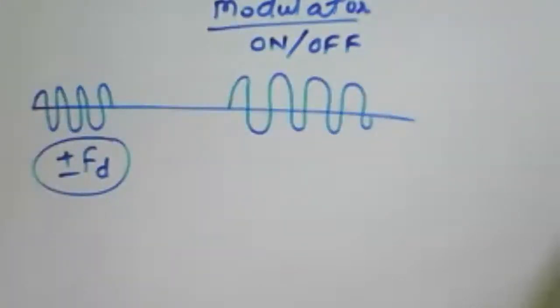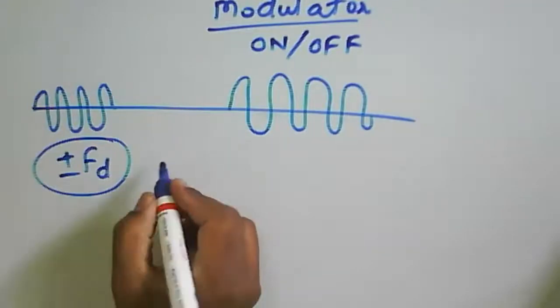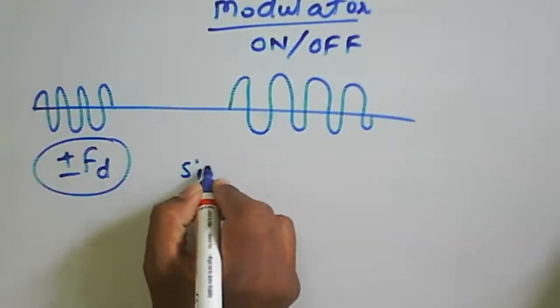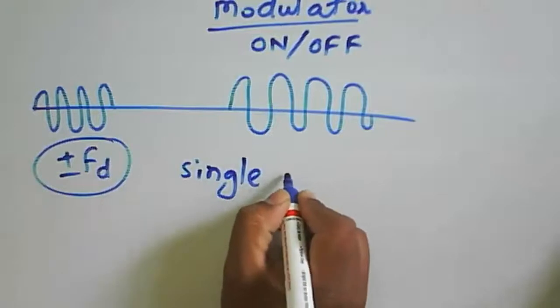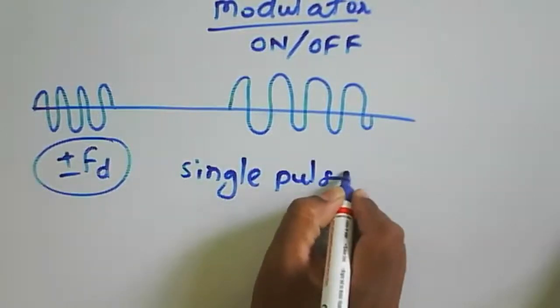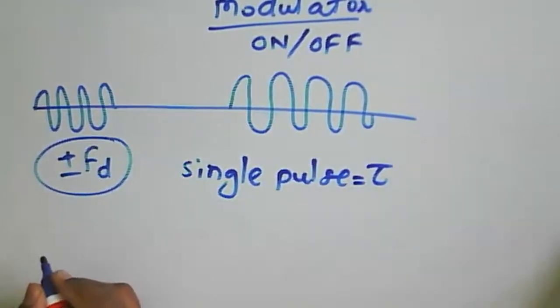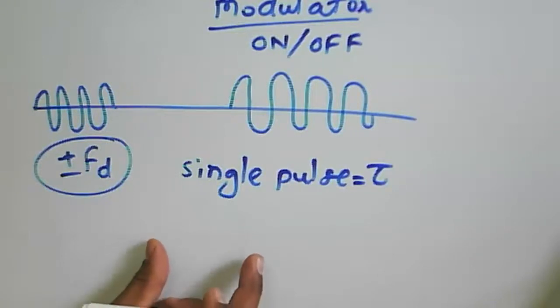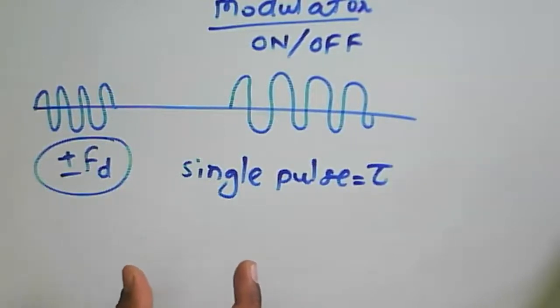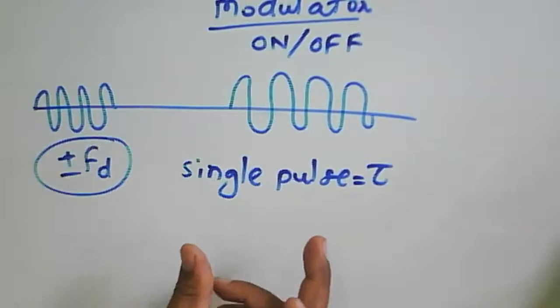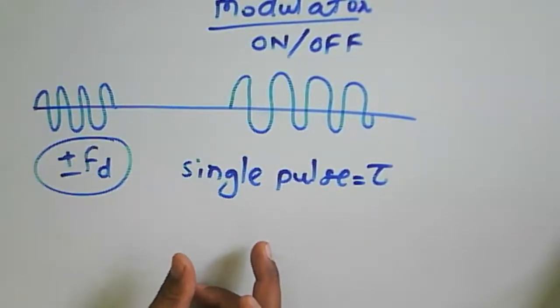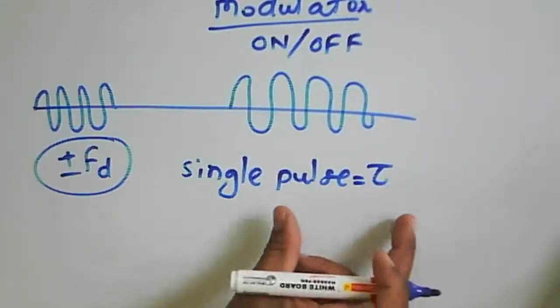In that case, we can consider a single pulse of width tau. This is your single pulse. Then how many cycles do we require to identify that there is a Doppler frequency shift within that particular pulse?